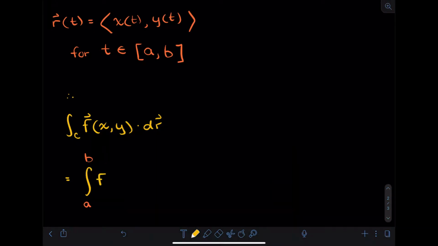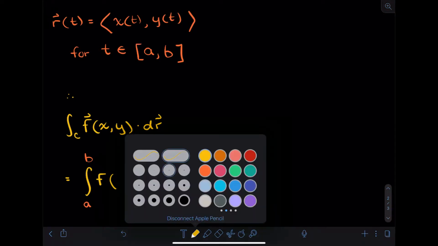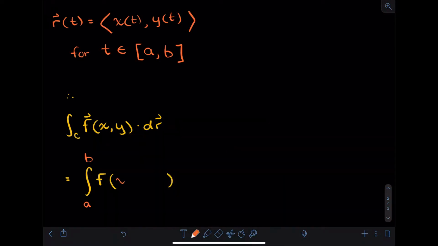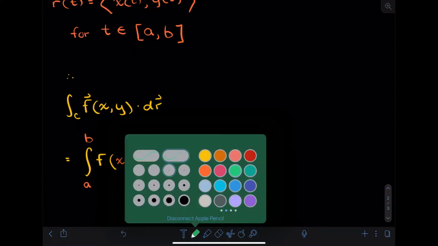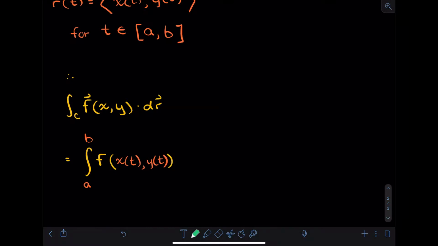We have the same function F, but we're not going to just evaluate it at x and y. We want to evaluate it at the functions or the components of c that we have, x of t and y of t. This is just like what we did with scalar fields. Now the difference here is that once we have that, we want to dot it with r prime of t dt.